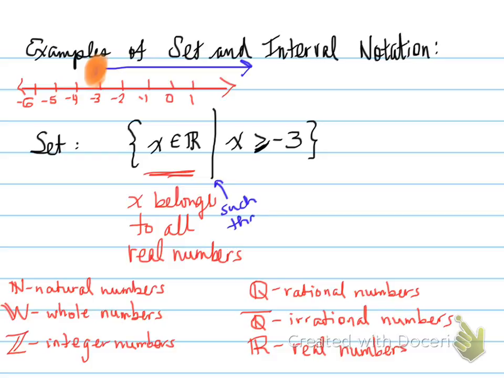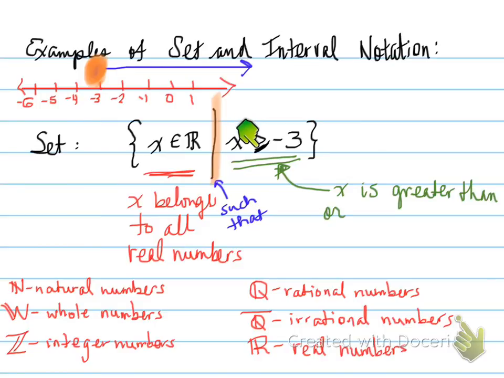How does this help us? Well, you have to understand that in set notation, it must apply to some set of numbers, in this case real numbers. This means "such that," and finally this means the restrictions on the x, so such that x is greater than or equal to -3. How do we know it equals?